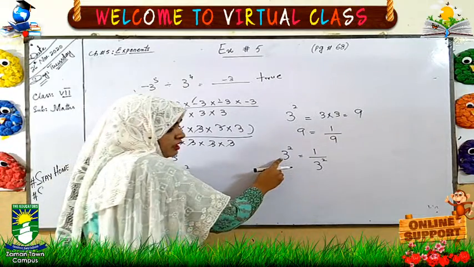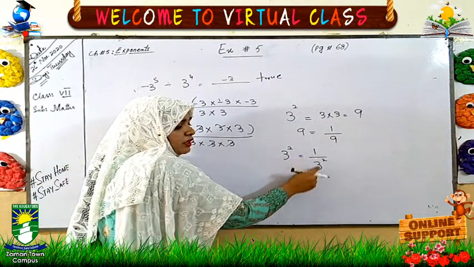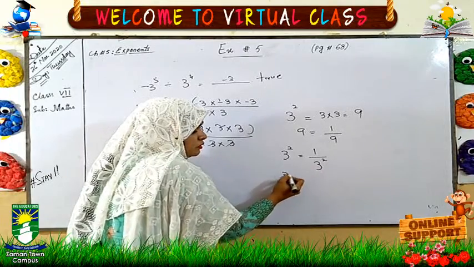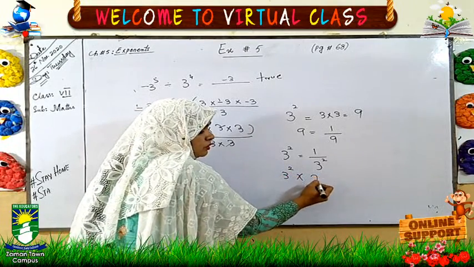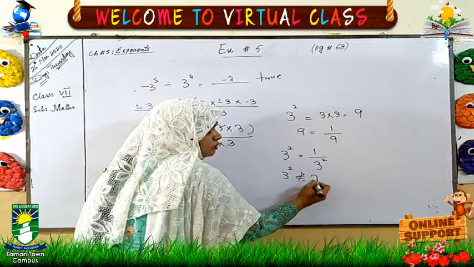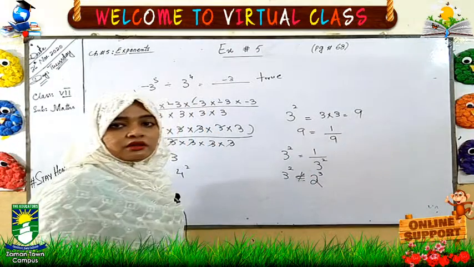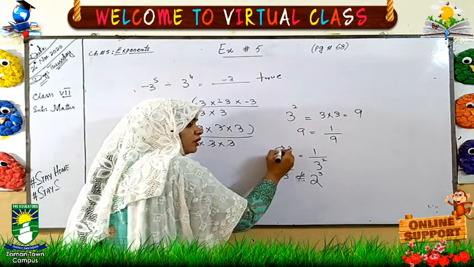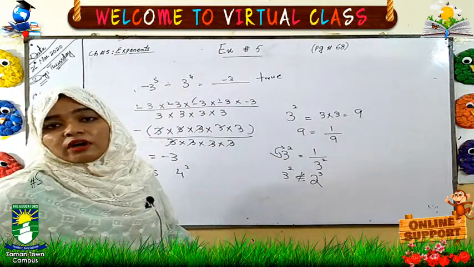The multiplicative inverse of 3 power square is equal to 1 upon 3 power square. It is not equal to 2 power 3. You cannot find the reciprocal by alternating your values.